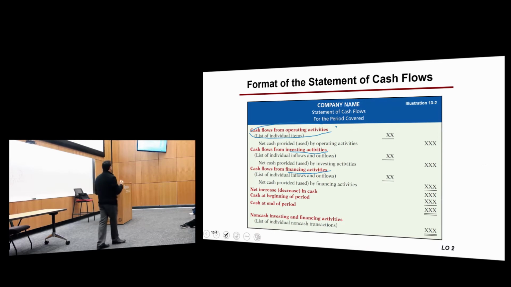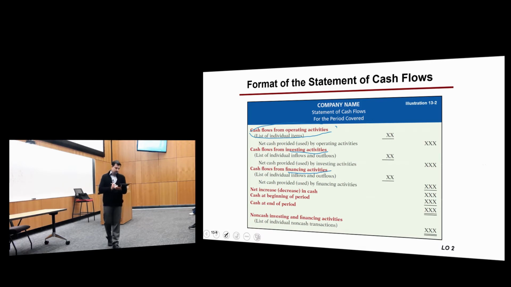If you have more cash inflows than cash outflows, then you have net cash provided by operating activities, investing activities, and financing activities. And then you calculate net increase or net decrease in cash.